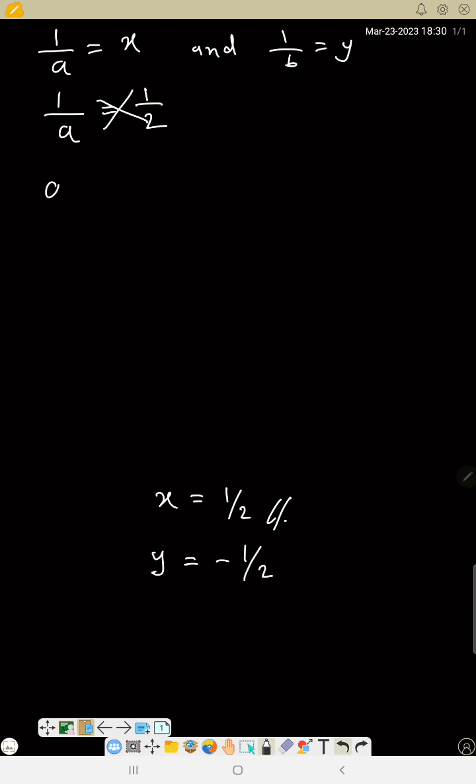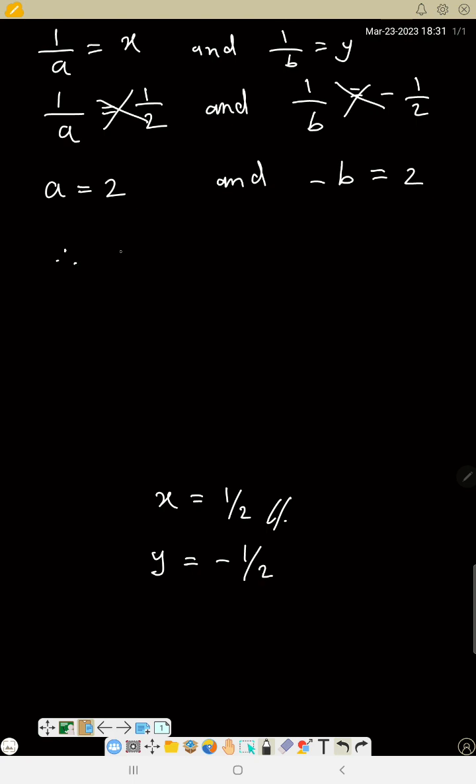So we have a is equals to 2. And 1 over b is equals to minus 1 over 2. Cross multiply again. Minus b is equals to 2. So therefore a equals 2 and b equals minus 2. So that is the final answer.